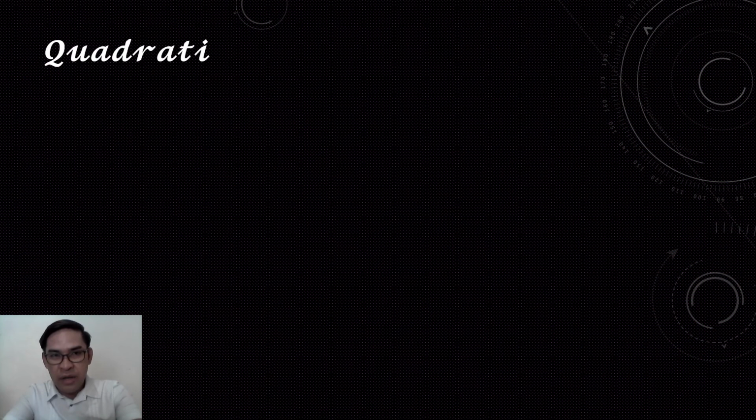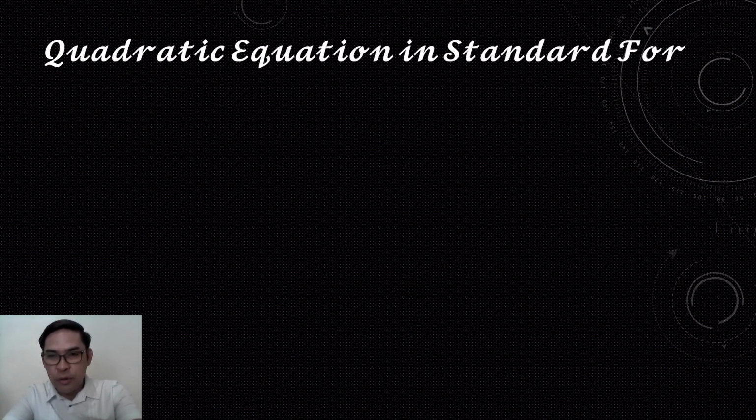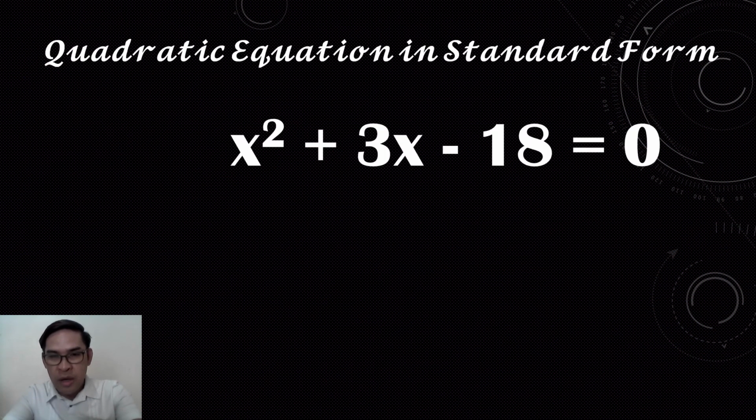So I have here an example of a quadratic equation in standard form. We have x squared plus 3x minus 18 is equal to 0. Alright, please take note of this, class. If you encounter a variable without a number, automatically the coefficient is an invisible 1.